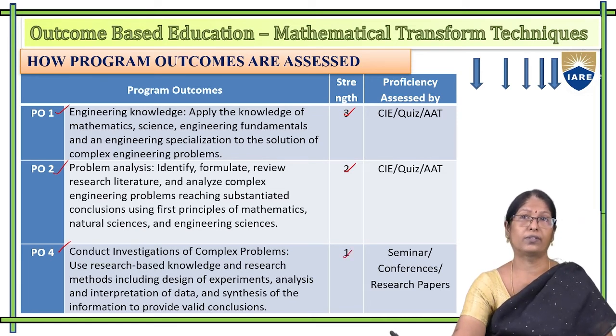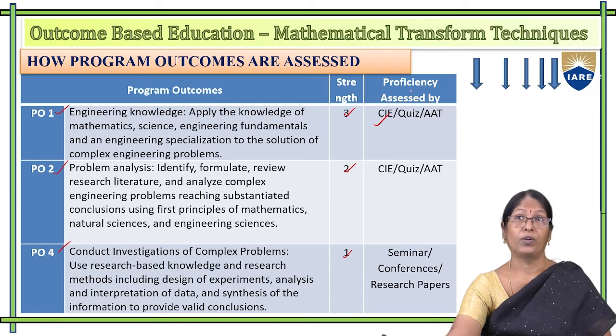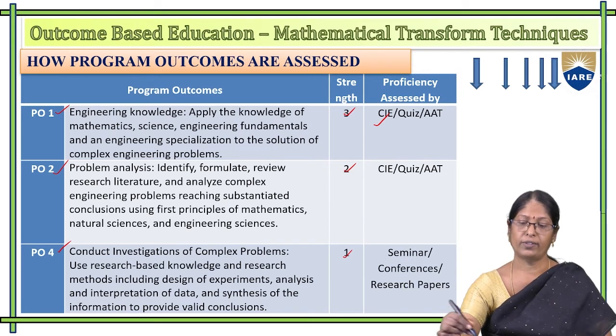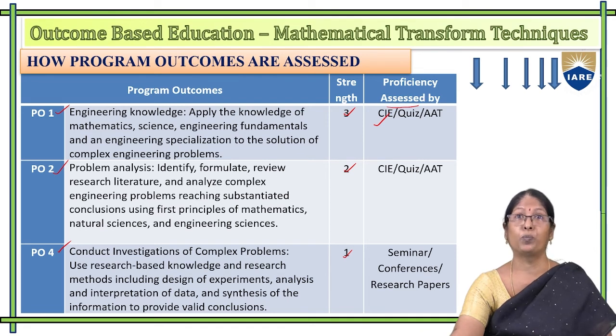How do we assess these program outcomes? Assessment, as we have seen at the start of the course objective: the course objective is what the students are expected to know, whereas assessment is a tool to prove what the student should have learned about the course.